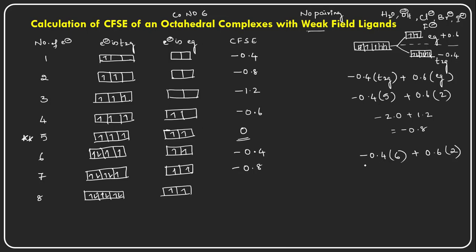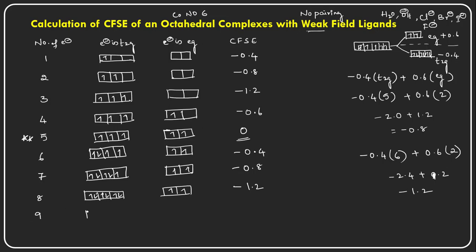So minus 0.4 into 6 will be minus 2.4, plus 0.6 into 2 will be 1.2, and minus 2.4 plus 1.2. So what will be the difference? Minus 1.2. So minus 1.2 is the crystal field stabilization energy for 8 electrons.